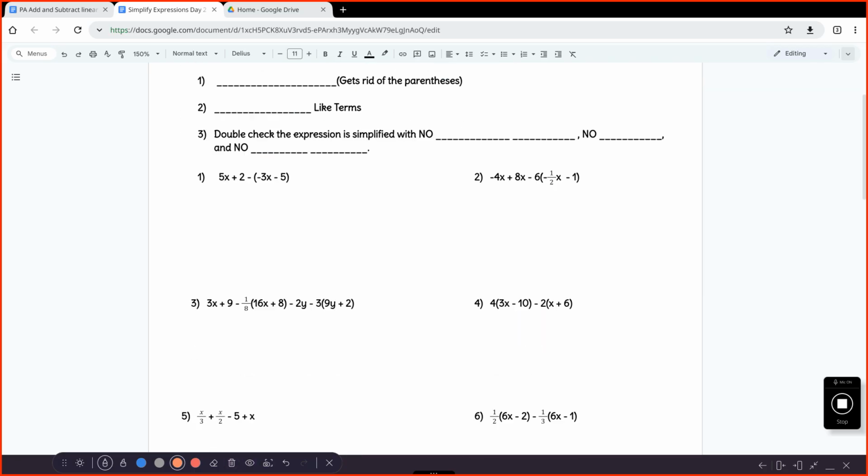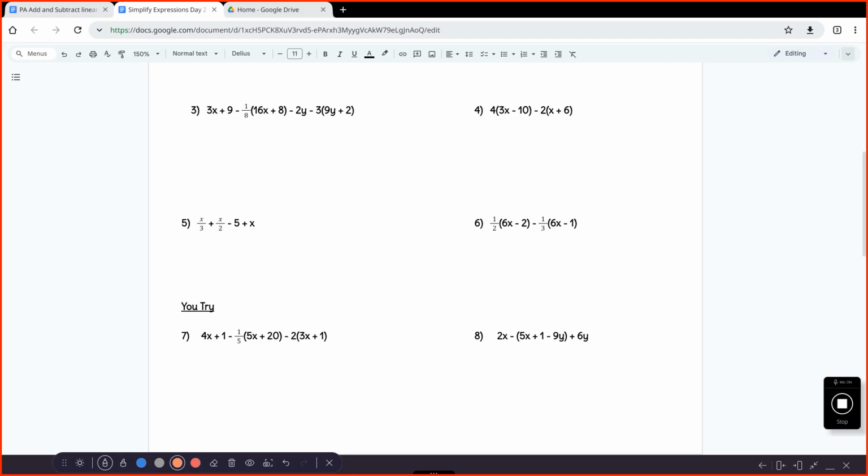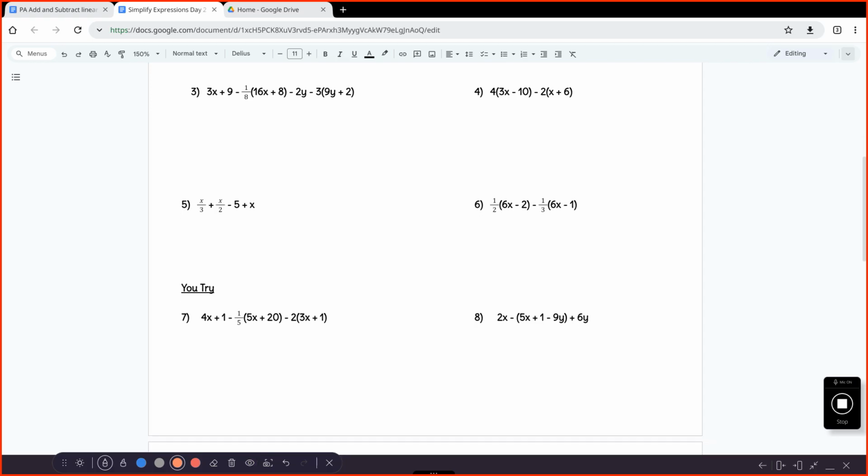All right, moving on, number 3. Number 3 is a really long problem. The first thing I'm going to tackle, though, is those parentheses, just like the other problems. You'll notice in front of the parentheses, we have a negative 1/8 and a negative 3. So those are what we are going to distribute first. So 1/8 of 16x is like saying 16 divided by 8, right? And you get 2x.